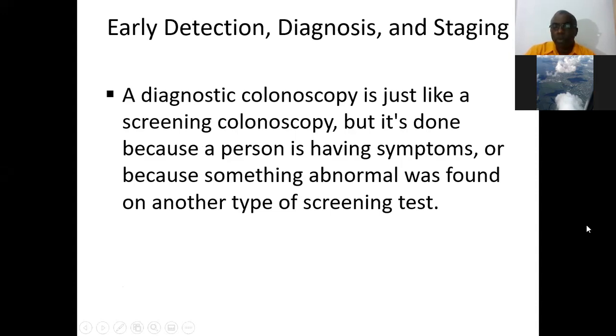Like they could do a blood test and find that you have abnormal cancer cells, and they decide to go in and find the primary lesion of the cancer, and do a biopsy so that it can be sent for testing.